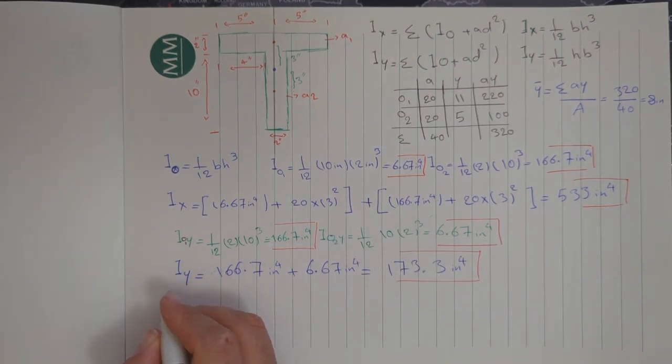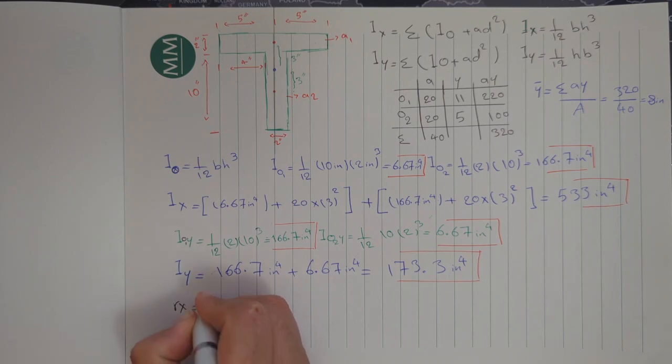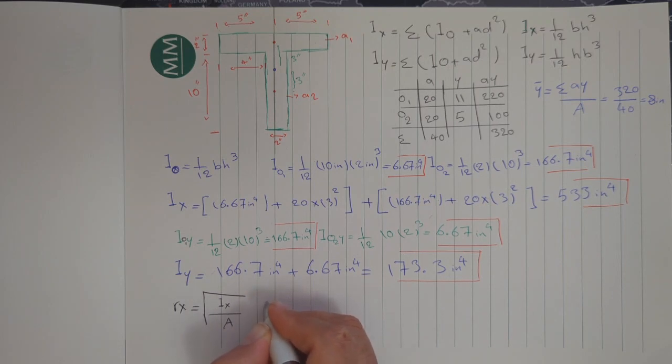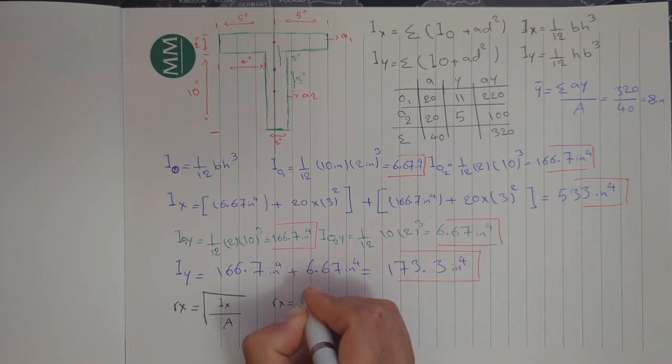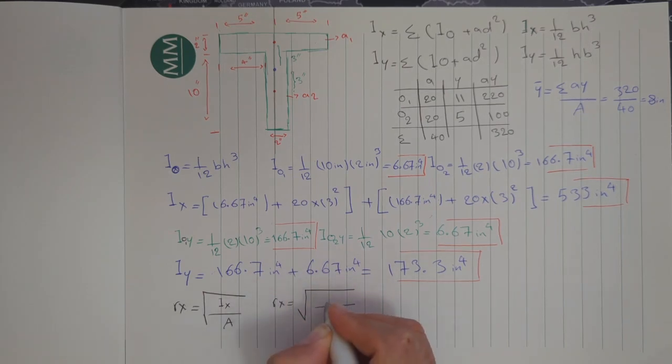The radius of gyration was Rx equals root of Ix over A. So Rx equals root of, how much was our Ix?